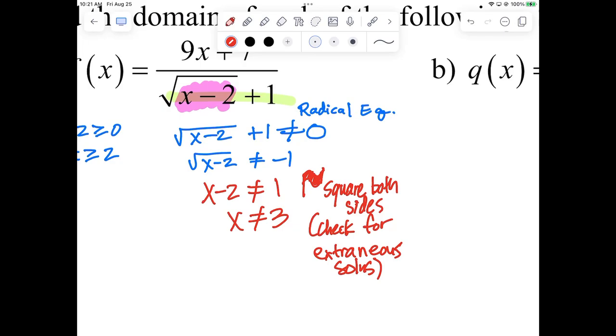Now make it bigger by adding 1 to it. Is it ever going to be 0? No. So remember, the purpose of this class is to get you to think. And if you set it up like this and you just think about it, you might realize straight from here that I don't even need to do all this work because it's never going to be 0. All the values clear the denominator. All right? So x equals 3 was extraneous.